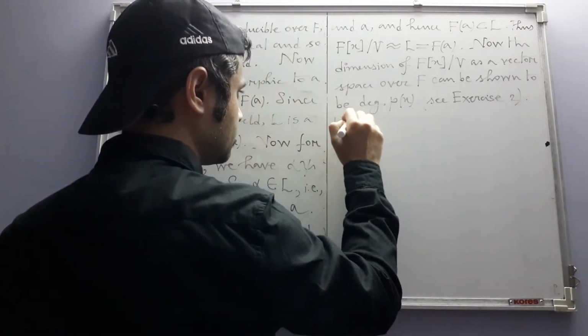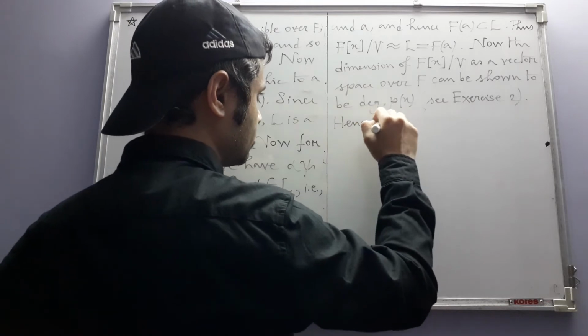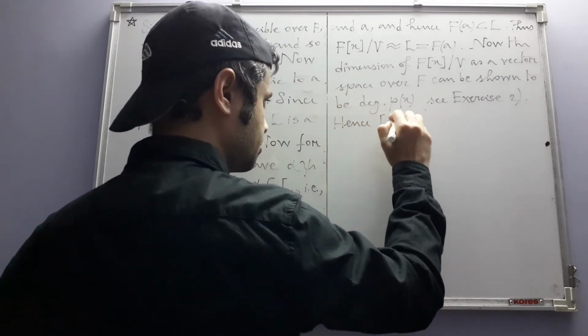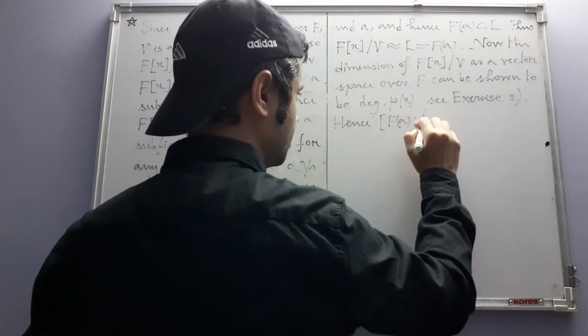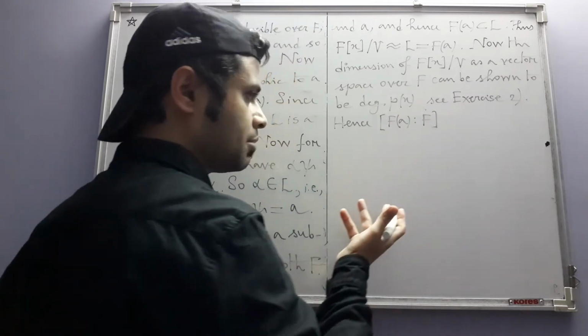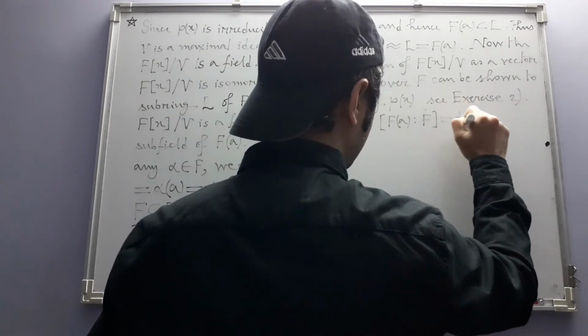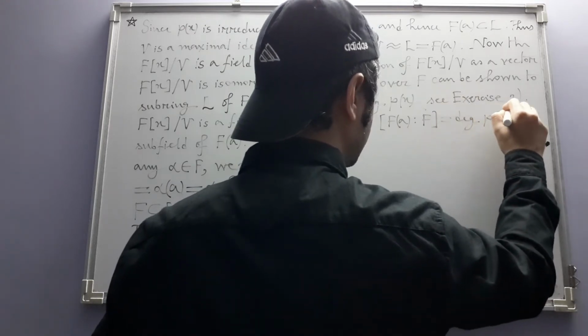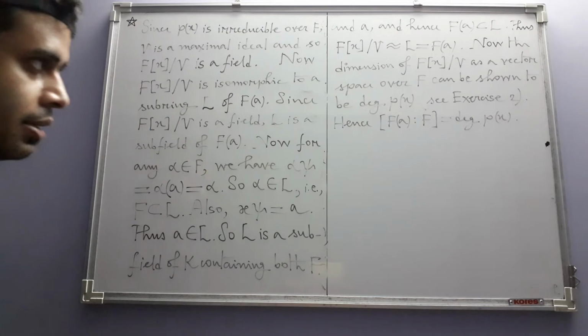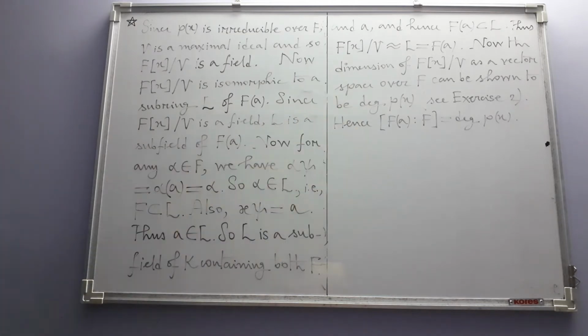Hence, correspondingly, the dimension of Fa over F, which is nothing but the degree of Fa over F, is also equal to the degree of P of x. That is, Fa is a finite extension of F.